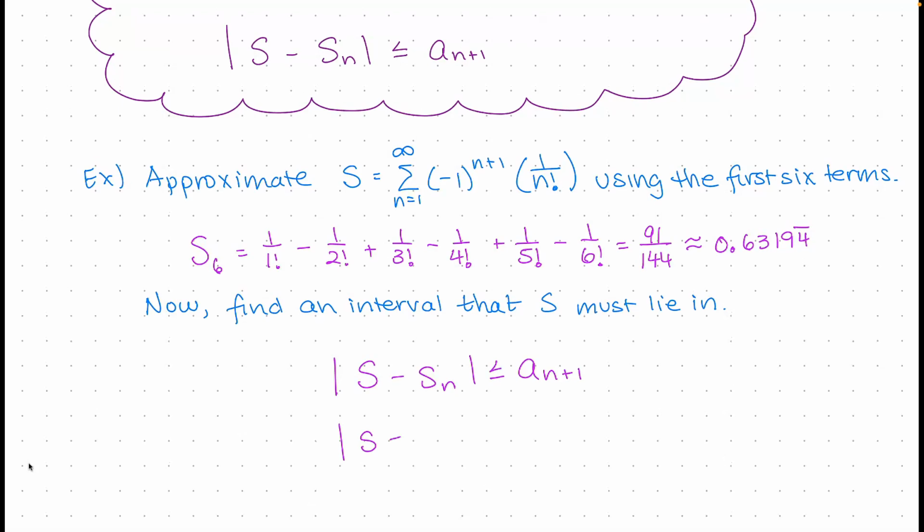We just found that the 6th partial sum was 91 over 144. And that must equal a sub n plus 1. Anybody know what problem we're going to work out to figure out what a sub n plus 1 is?